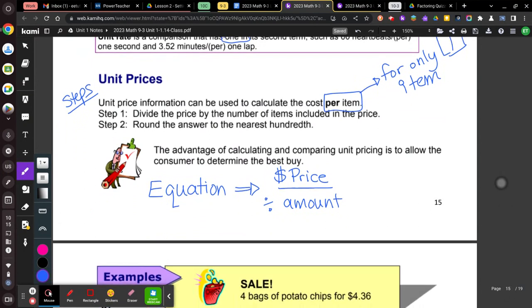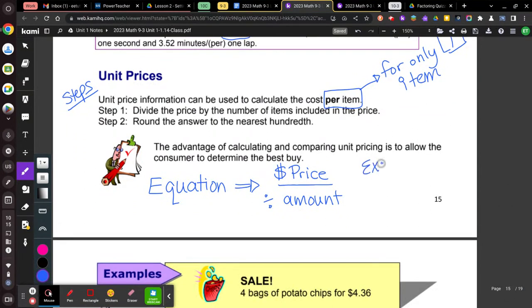So, for example, I've got a dozen eggs at the store, costs me, let's say they're grain fed and they're organic. Omegas, we're going to say they cost $8.50. So a dozen eggs from the grocery store is going to cost me $8.50. I want to find the cost of one of those eggs.